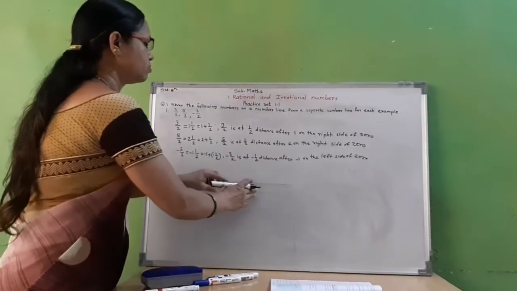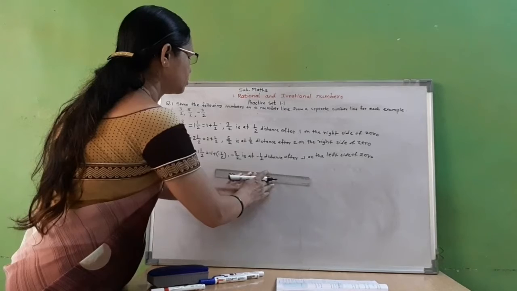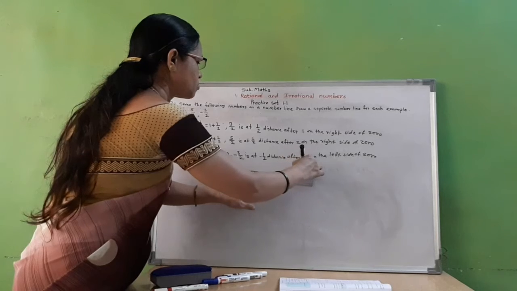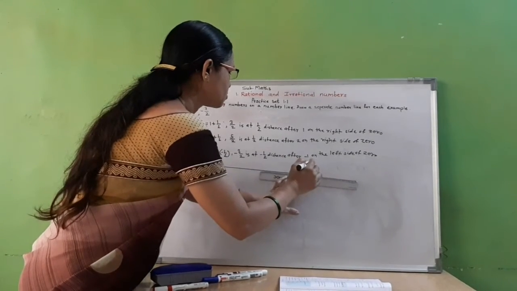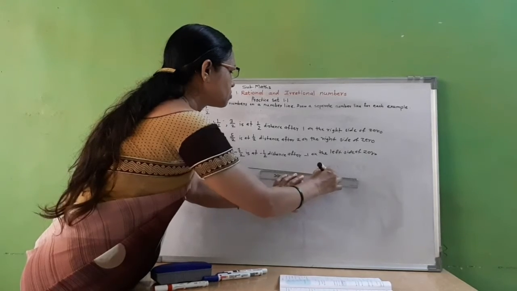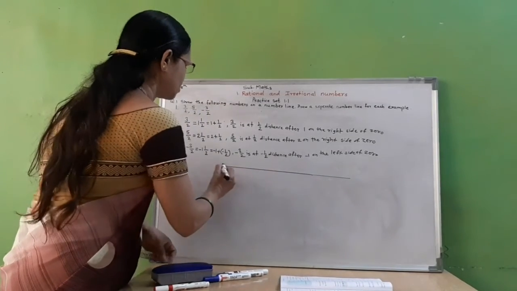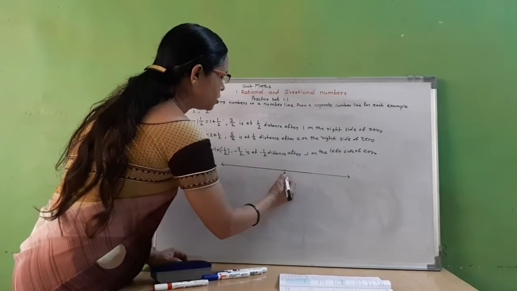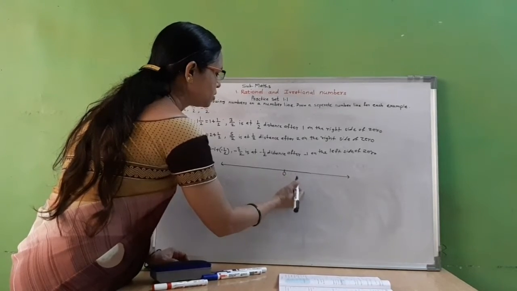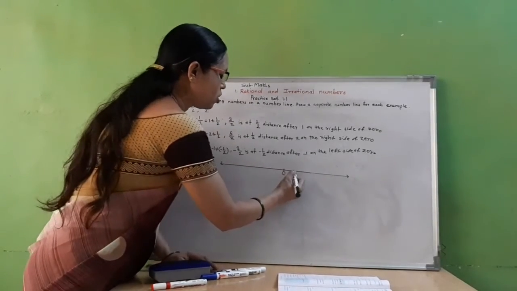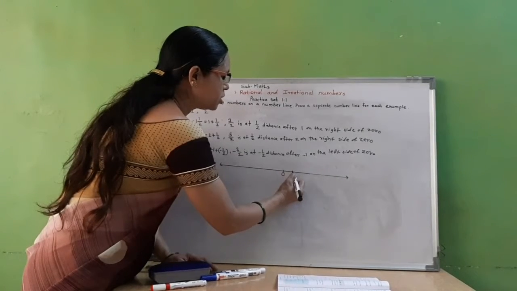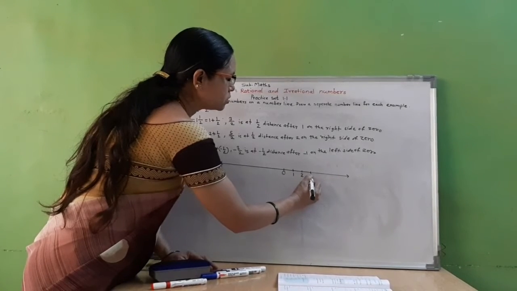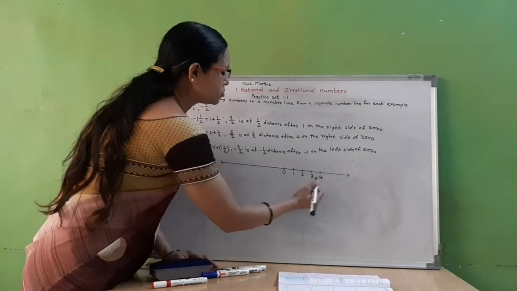Draw number line. Take 0 as a midpoint. Plot positive numbers on the right side of 0: 1, 2, 3, 4.